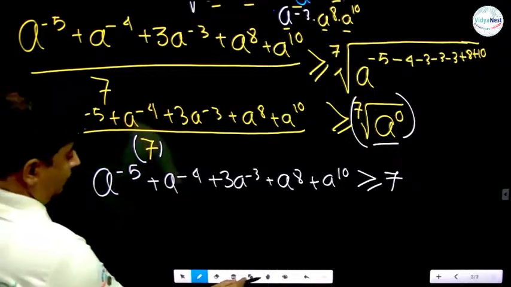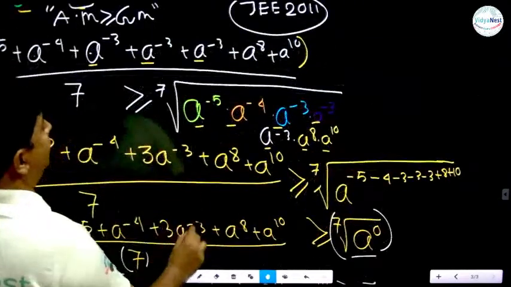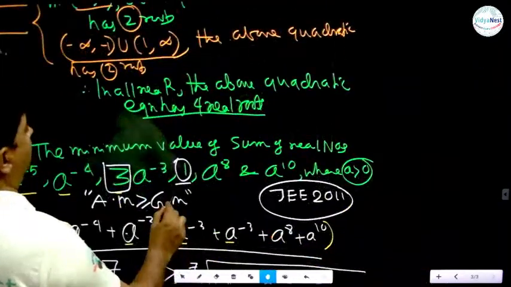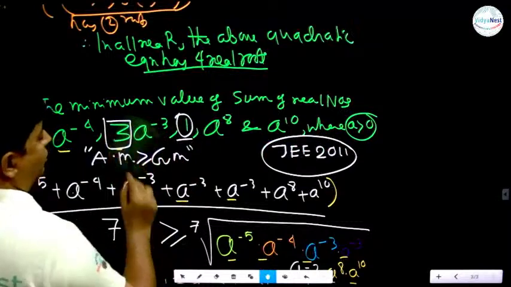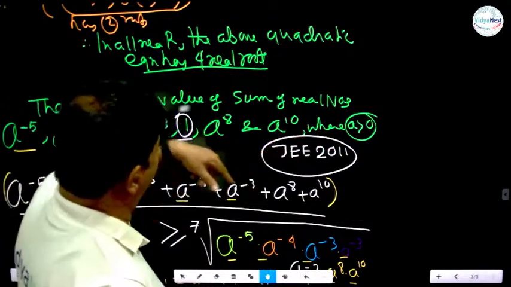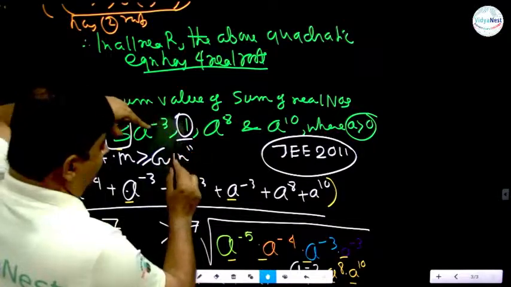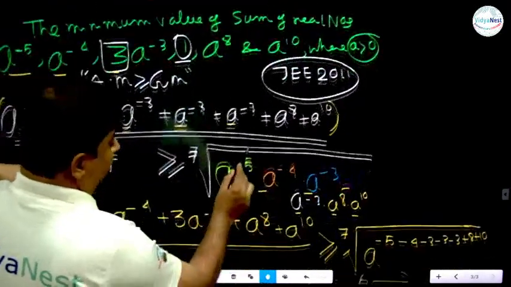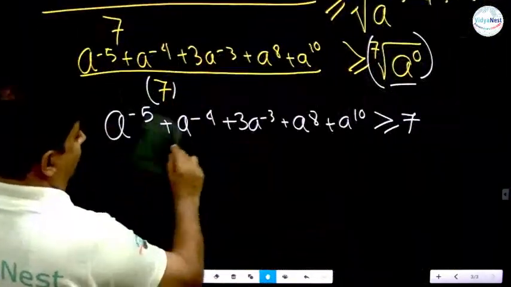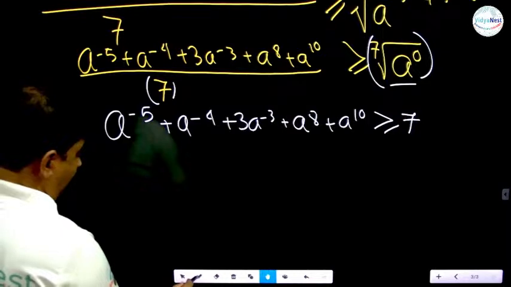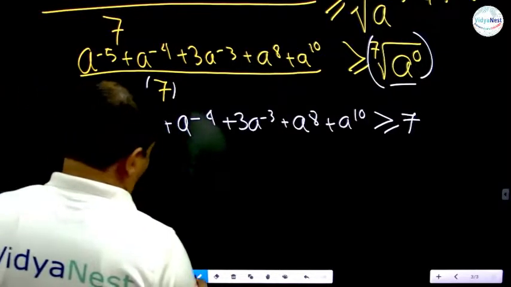Now see, in the question the 1 is also given. The sum of all these numbers includes that 1, which is not included in our calculation. So you add 1 to both sides.